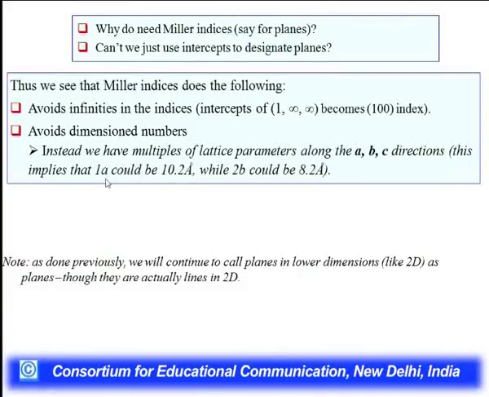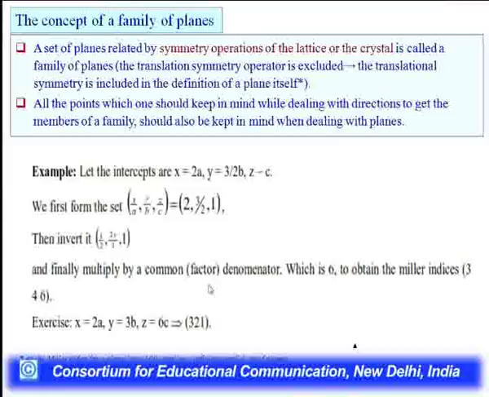This implies that 1a could be any value like 10.2 angstrom, or 2b can have the value 8.2 angstrom. As we did previously, we will continue to call planes in the lower dimensions planes, like in 2D, though they are actually lines in two dimensions.